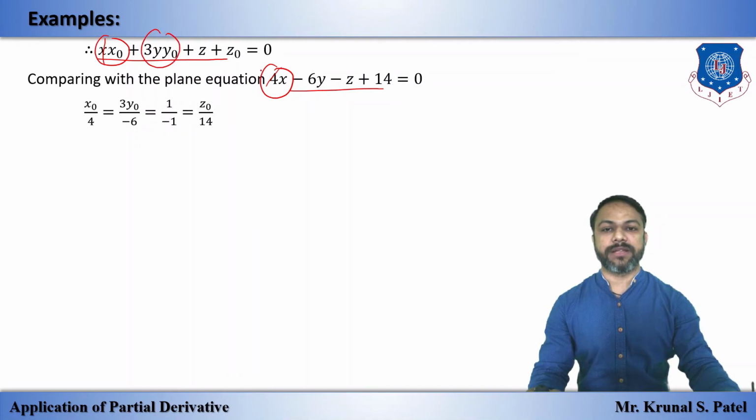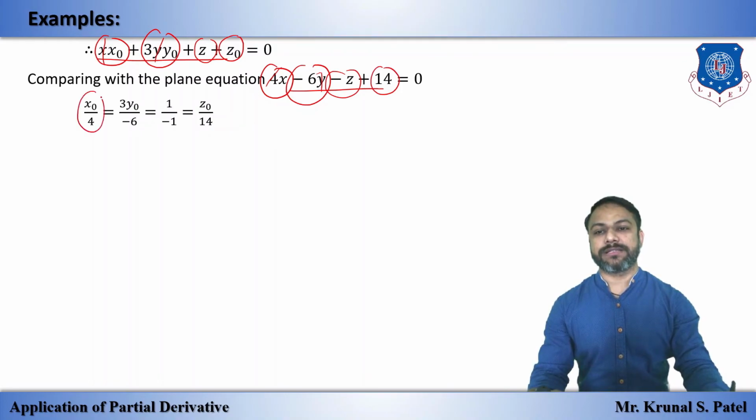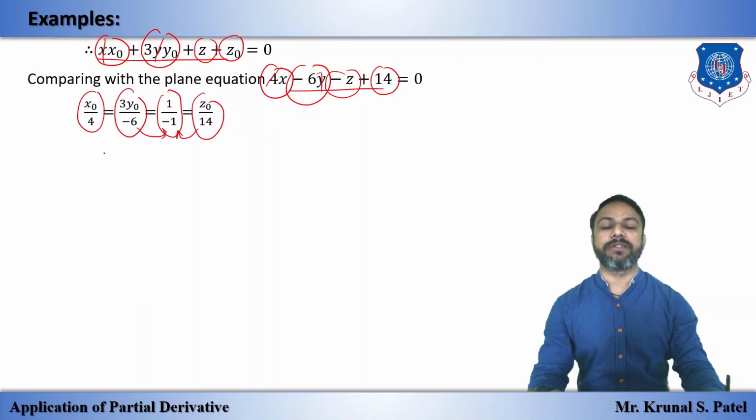In the same way, this term divided by minus 6y, y cancels, we get 3y0 divided by minus 6. In the same way z divided by minus z gives 1 upon minus 1, and z0 divided by 14. Now by equating these terms we will get the values of x0, y0 and z0.